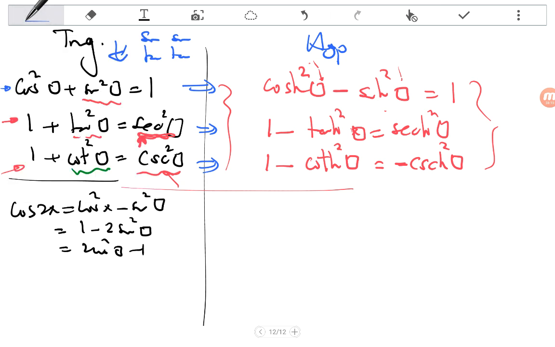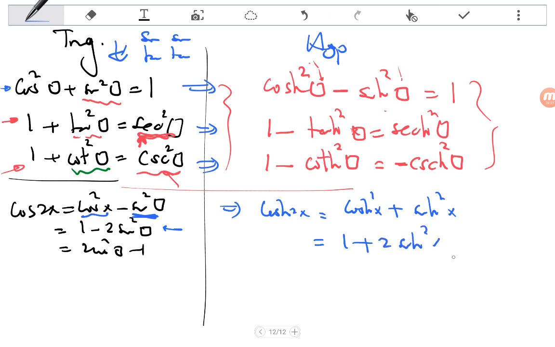Let's write the analogous expressions. Now cosine 2x will be, this will not change its sign, so it will be cosine squared x, but this one will change its sign, so it will be plus sine squared x. Now it is plus. What about this? Yes, it will change. It will be 1 plus 2 sine squared x.